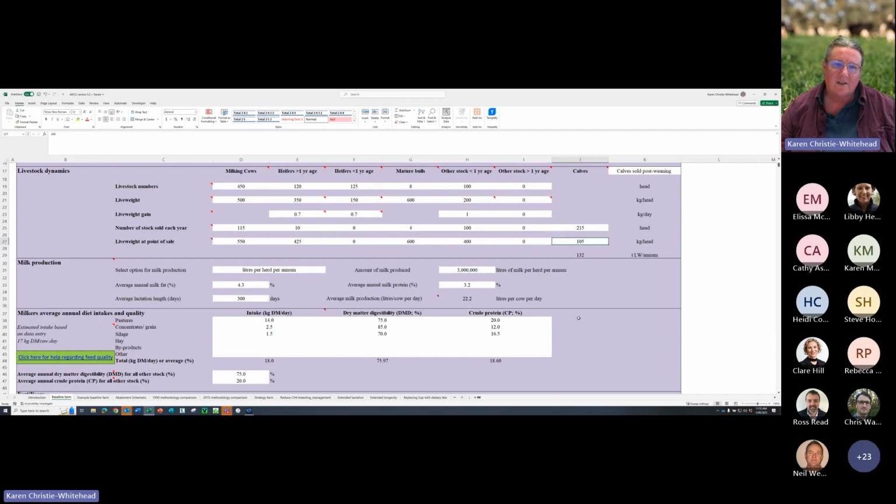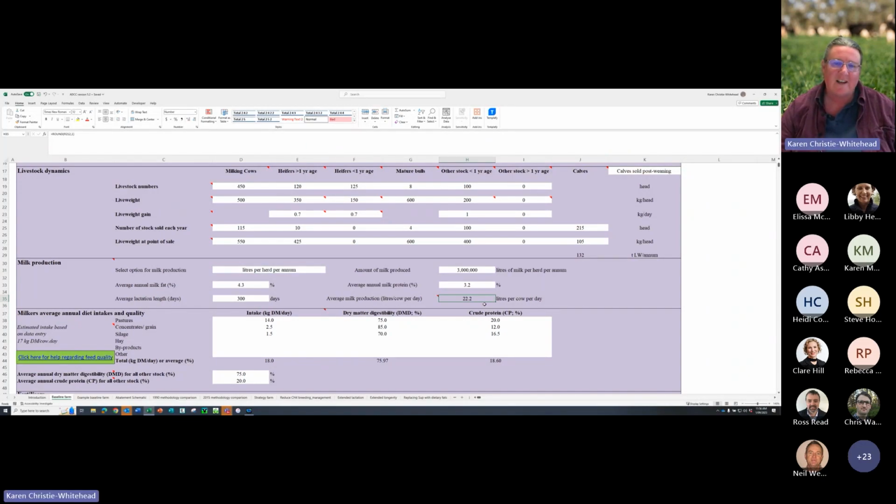The next section focuses on milk production. You can either enter that as litres per herd per annum or kilograms of milk solids per herd per annum. If I go back to what I had done, I said these 450 milking cows produced, in nice, easy, simple numbers, 3 million litres of milk at 4.3 and 3.2% fat and protein, which worked out to about 22 litres per cow per day.